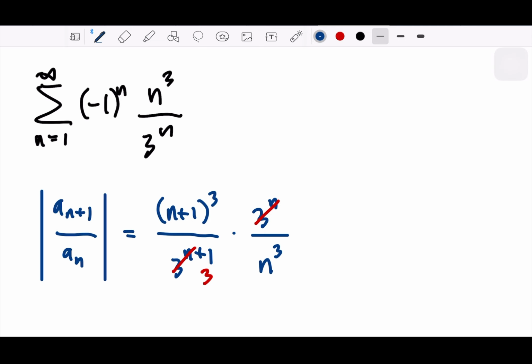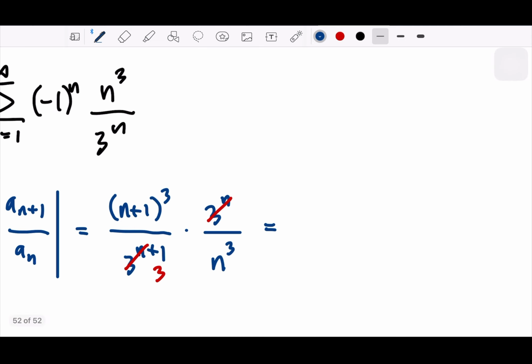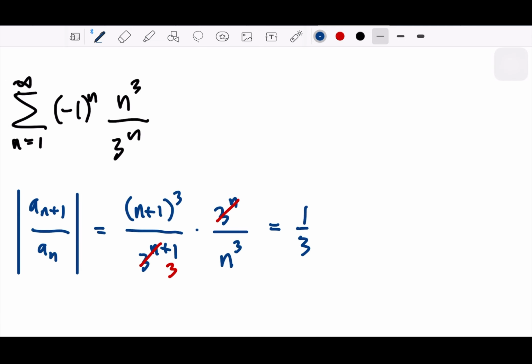And now we have 1/3 times (n+1) over n, and then cubed. We can write it like this. And if we take the limit as n approaches infinity, the limit of this n+1 over n will be 1.